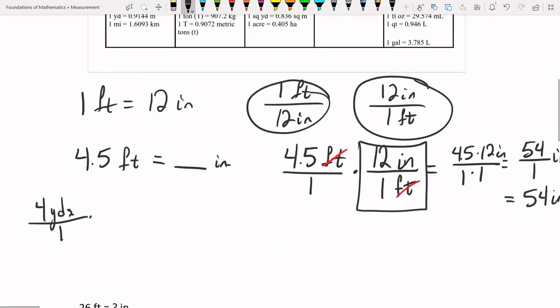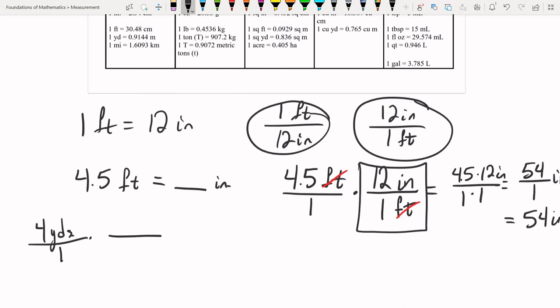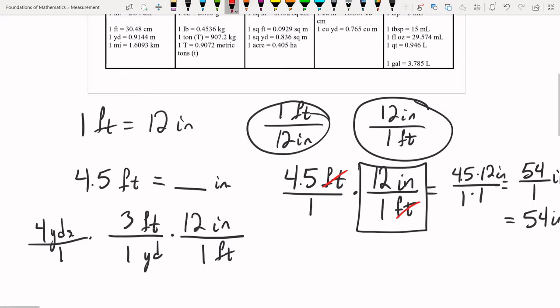So I could say 1 yard equals 3 feet. I can multiply it again by 1 foot equals 12 inches. And what you see here is that the yards and the yard cancel, the feet and the feet cancel. Now we're left with inches. So now all we have to do is go 4 times 3 times 12 over 1 times 1 times 1.